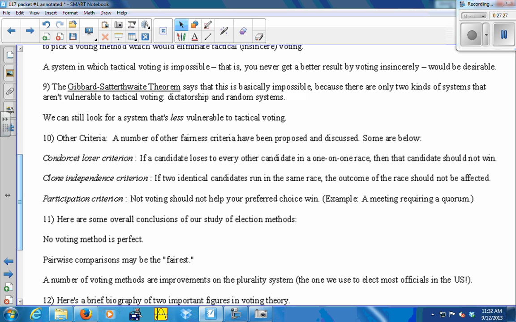Because that could be seen as, yes, they could do all the counts and then just pick the outcome that they like the best, right? So that could be seen as very shady, like not telling people how the votes will be counted. So basically, it's impossible to eliminate tactical voting. Okay. But you can still look for systems that are less vulnerable to tactical voting.